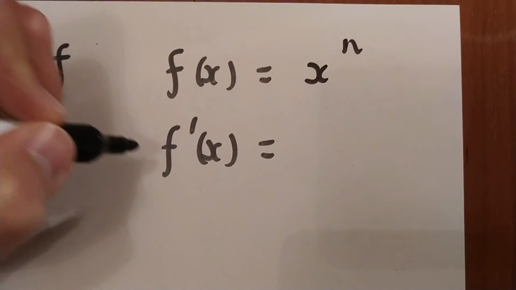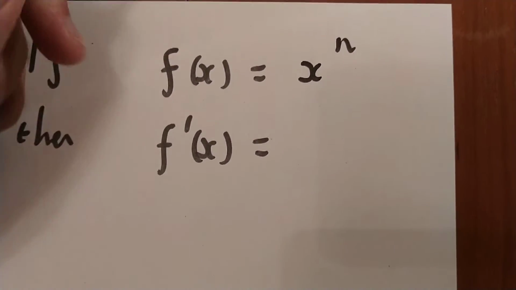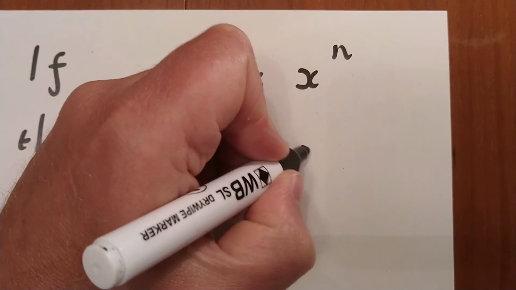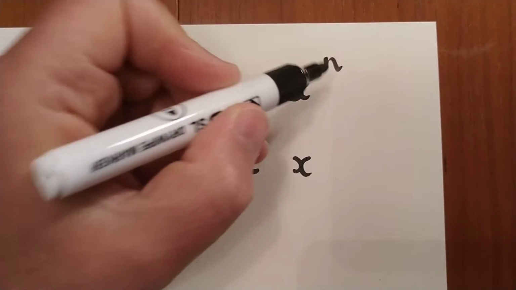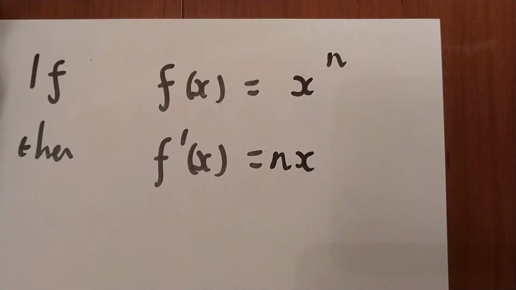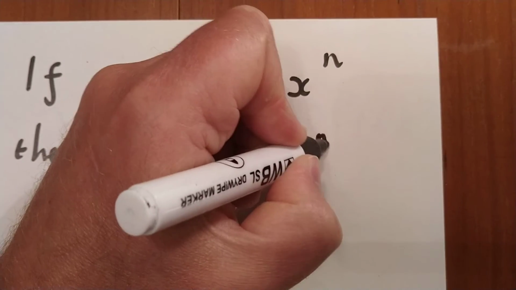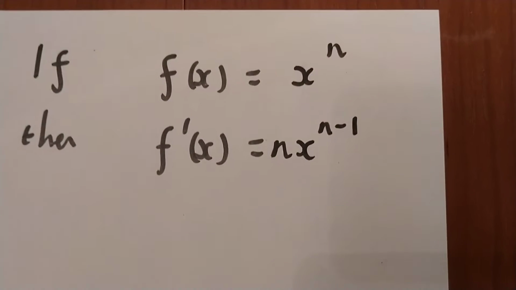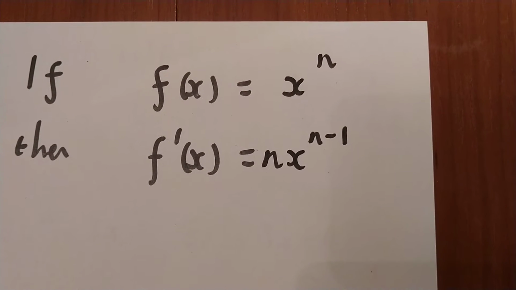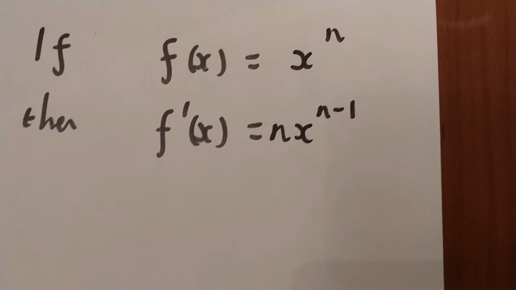Well, the formula for it, which connects to f of x, so we write it as f dashed x, is to multiply by the power, and obtain a new power by taking one away. Please fill that in your notes. This is very, very important and very, very powerful.